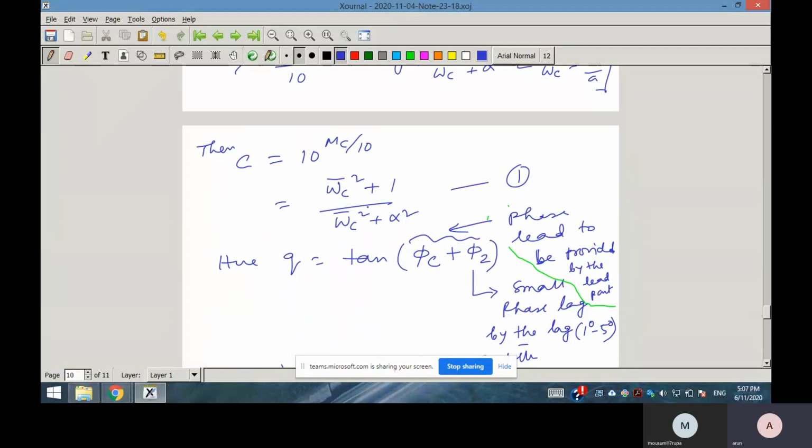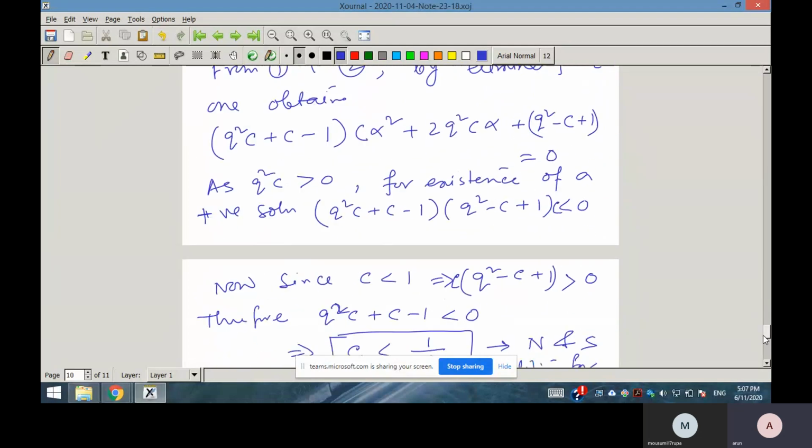Omega c square, you can get it, will be just 1 minus c divided by alpha square c minus 1.